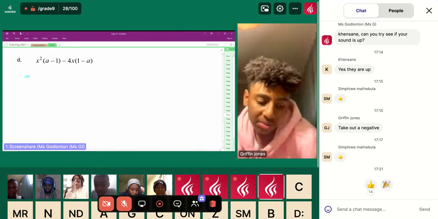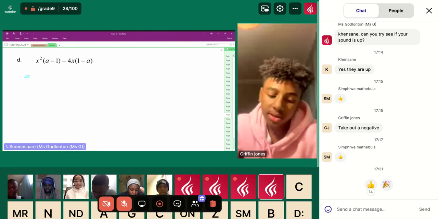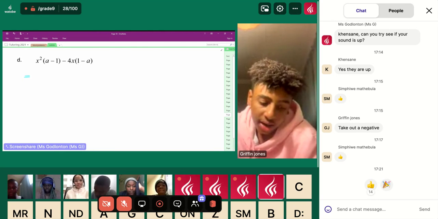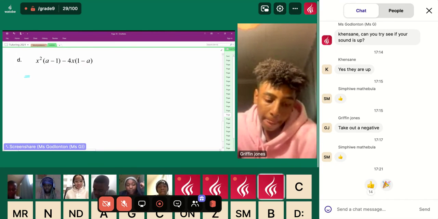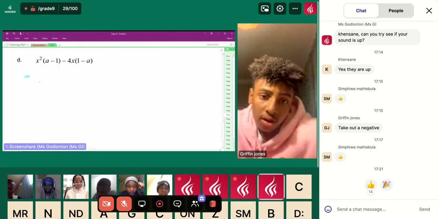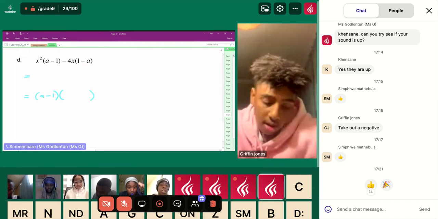I kind of skipped a few steps because I've been doing this for a while in class. So basically, I took out a minus 1 as the common bracket. Tell me what you had in your second bracket.